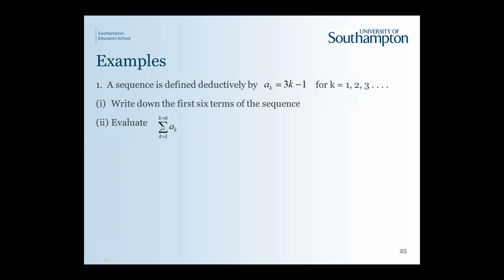It's just a symbol that represents the sum of all the terms from the first term to the sixth term. So really, this is quite nice because you have to find the first 6 terms. So if you find the first 6 terms and evaluate that, do have a go at doing that now.